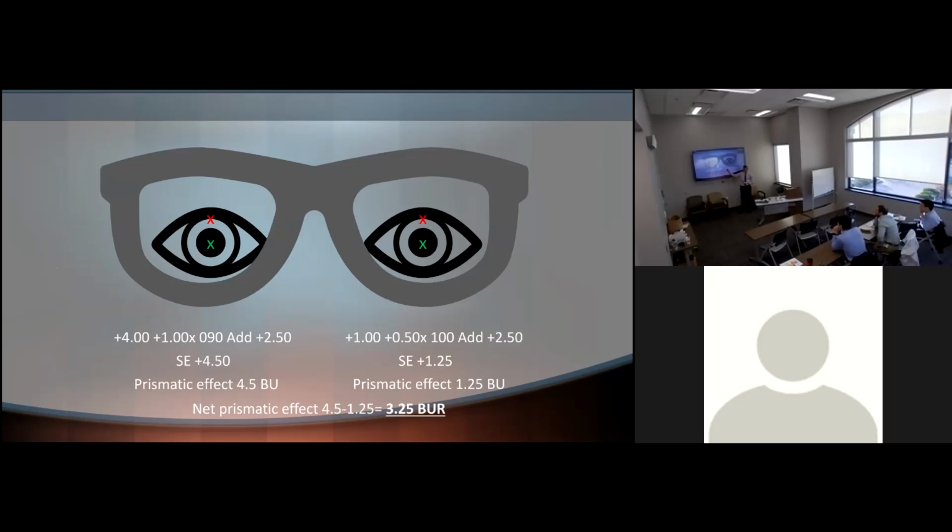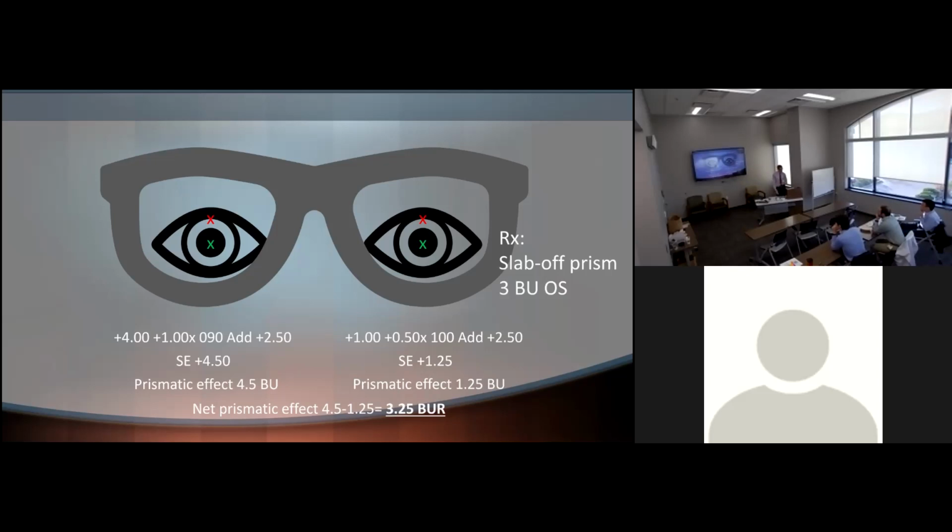So we're going to fix this. If we're going to use slab off prism, this is a base up prism induced on the weaker lens, right? So we can add slab off prism base up over the left eye to neutralize the prismatic effect on the right eye. Or we can use reverse slab off prism over the right eye to induce base down to neutralize the base up effect.